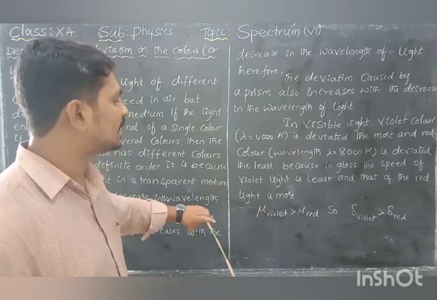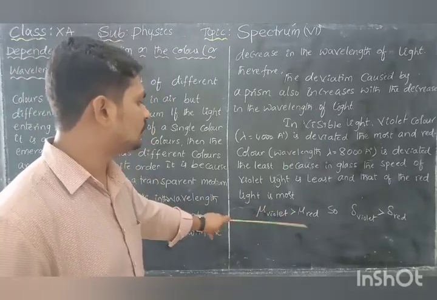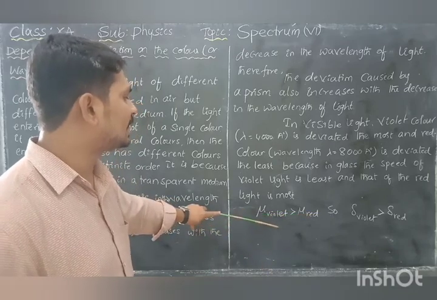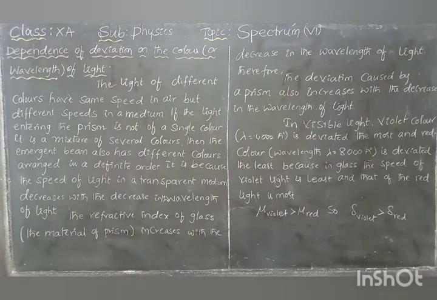The refractive index for violet color is more than that for red color. If you compare any visible light, the violet refractive index is more than that of red, so the angle of deviation is highest for violet compared to red in the visible spectrum.